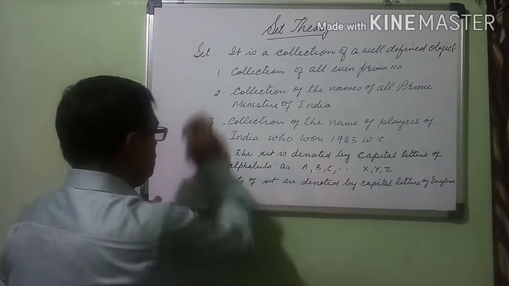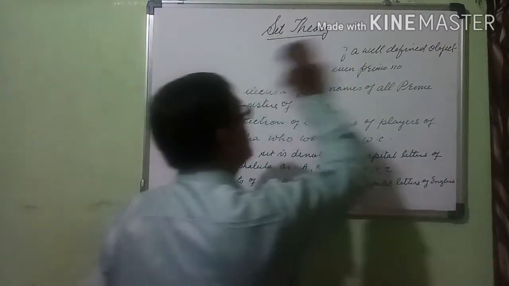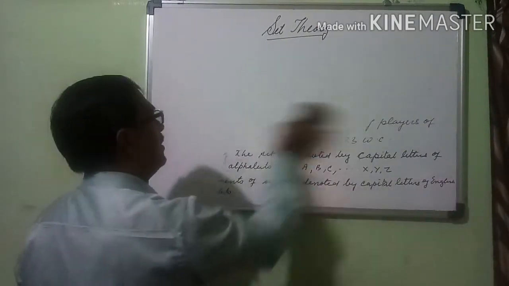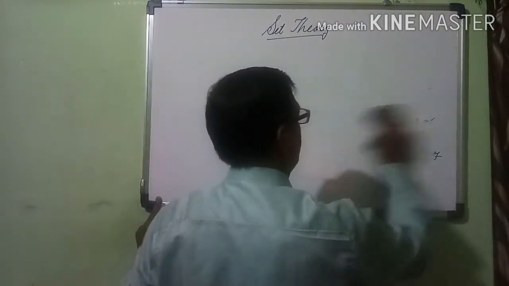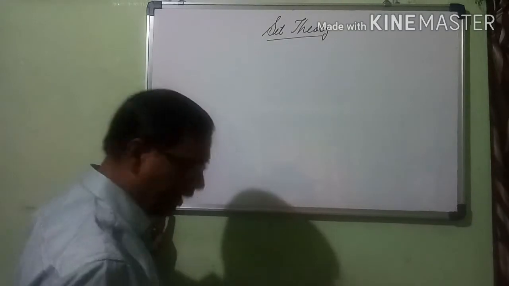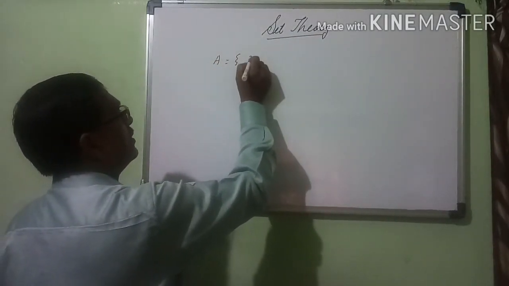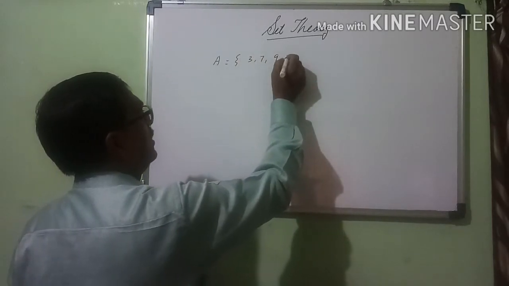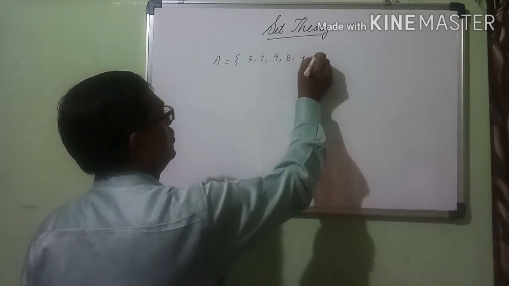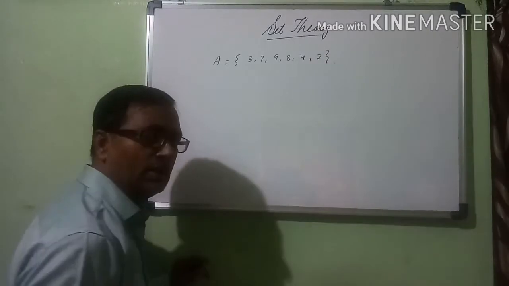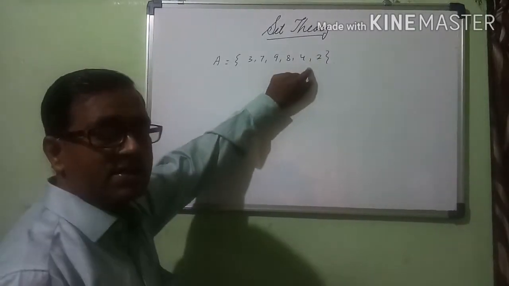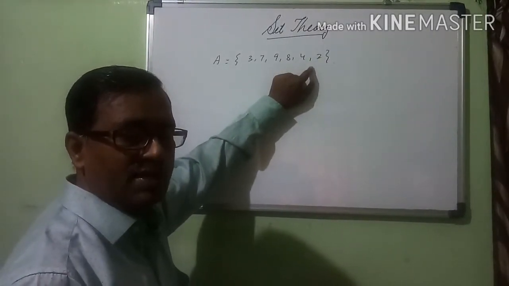Now, suppose you have A is equal to {3, 7, 9, 8, 4, 2}. These are called elements, and elements are also known as the members.